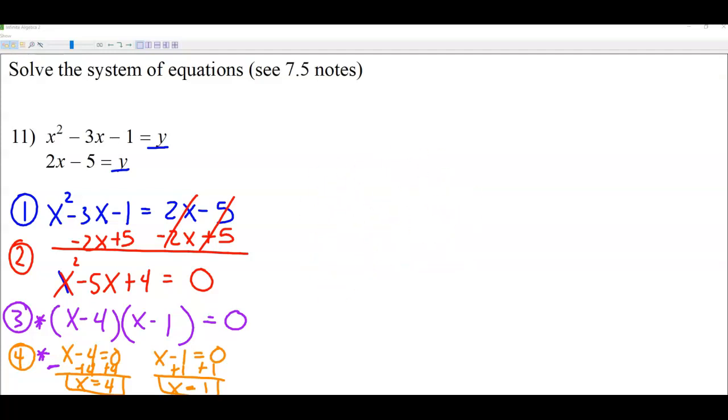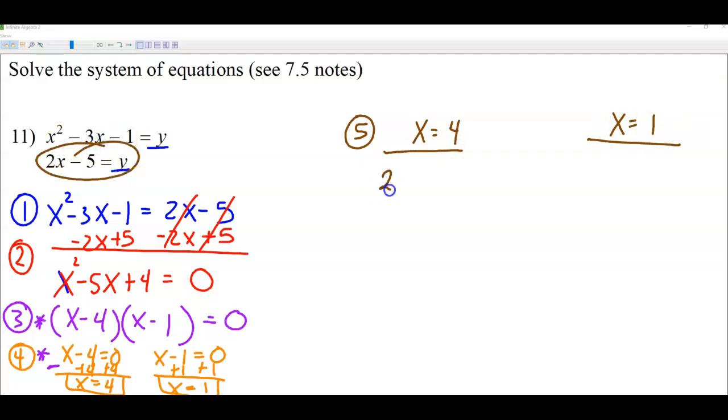All right, so the last step, step 5, is to take each one of your x values and plug them into one of the equations. I'll use the bottom one to find the y values that they go with. So for this one over here, I'm going to plug 4 in.